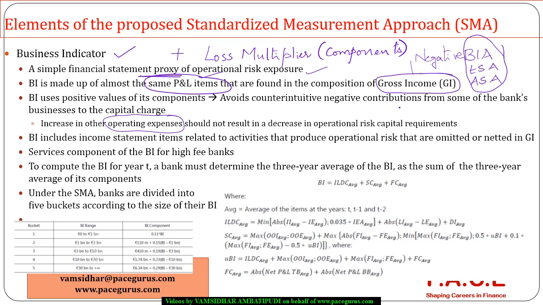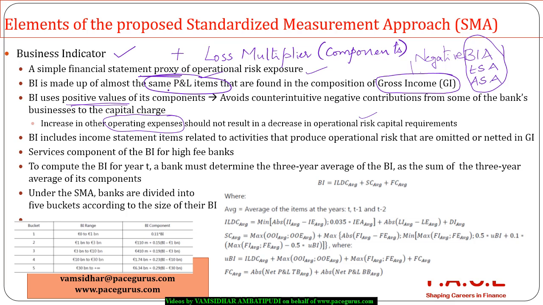In the gross income approach, my expenses are going up, so the overall operational risk is going down, and the capital requirement also went down because it was treated as a negative adjustment. Whereas in the business indicator approach, the negative adjustments are not considered, only the positive values of the components are considered, meaning the negative adjustments were simply taken out from the computation, right?